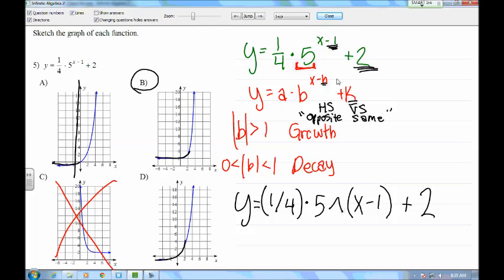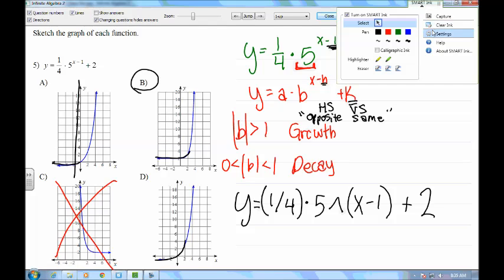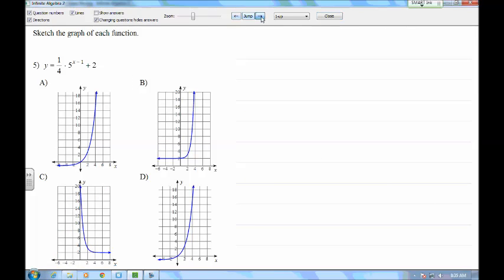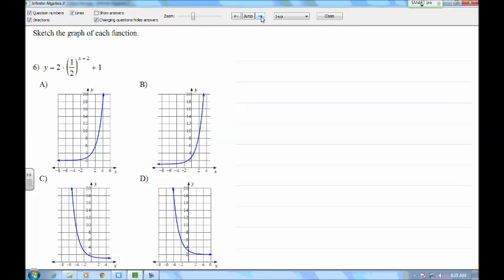All right, I would like you to do this one. I think it's another graphing problem. Okay, I'll write it larger so those in the back can see it. You have different options.